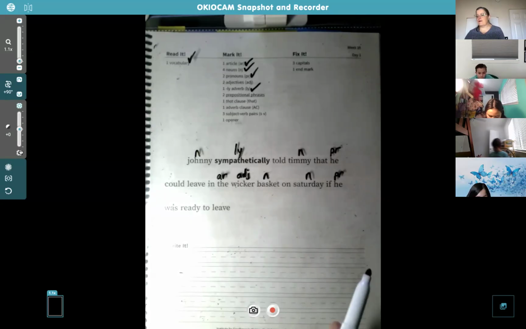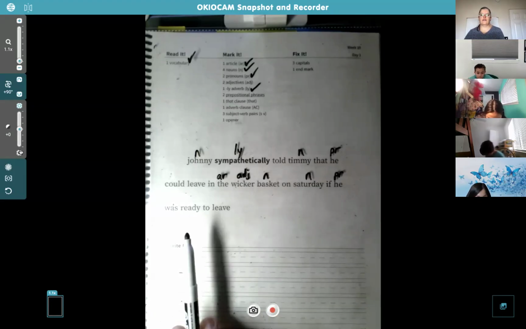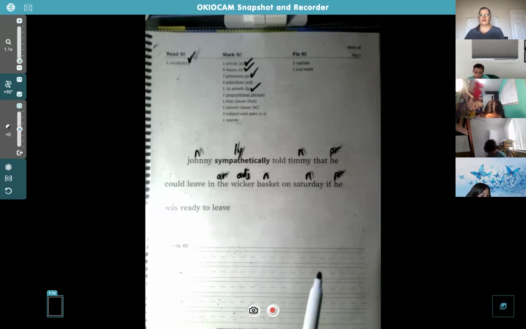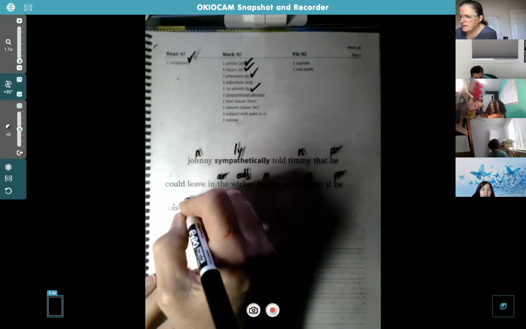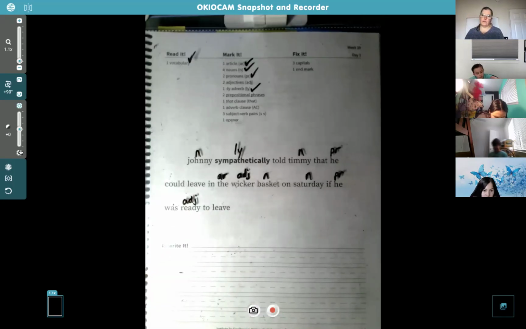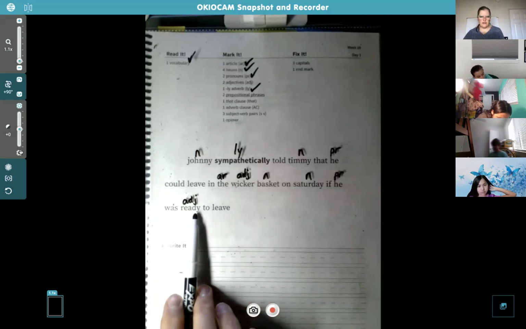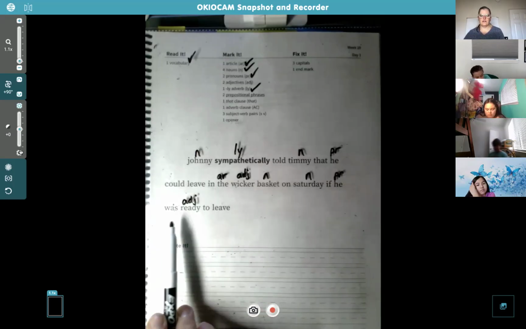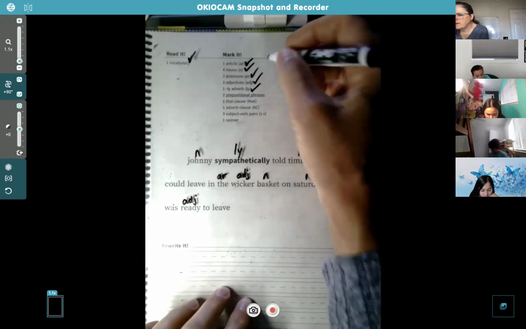It's describing this he right here. He was ready. Yes, because he was ready. So that's telling about him. And by the way, was is going to be one of those linking verbs because it's linking he to ready. It's describing he. So this one's linking those two words together. So ready is actually an adjective.